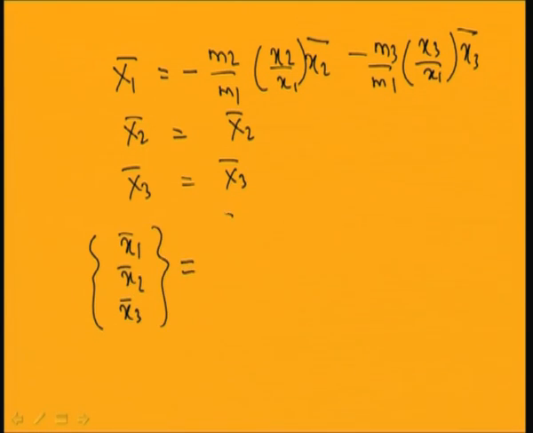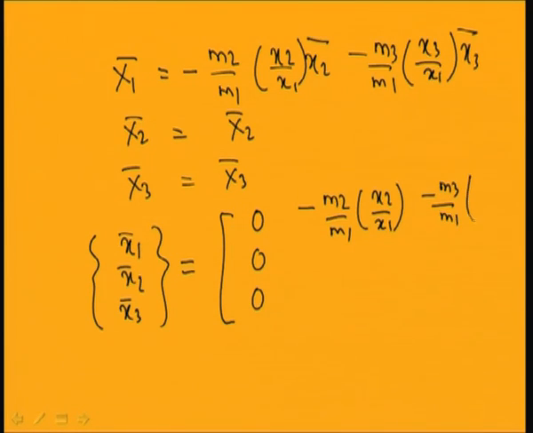Since this row does not contain x1 bar, it will be 0 0 0, and the first row is 0, minus m2 by m1 into x2 by x1, minus m3 by m1 into x3 by x1.